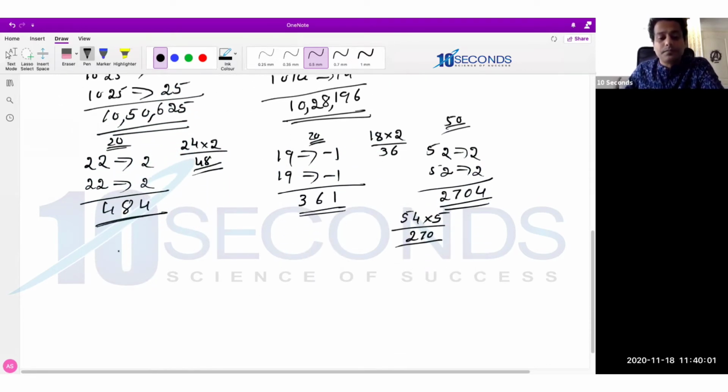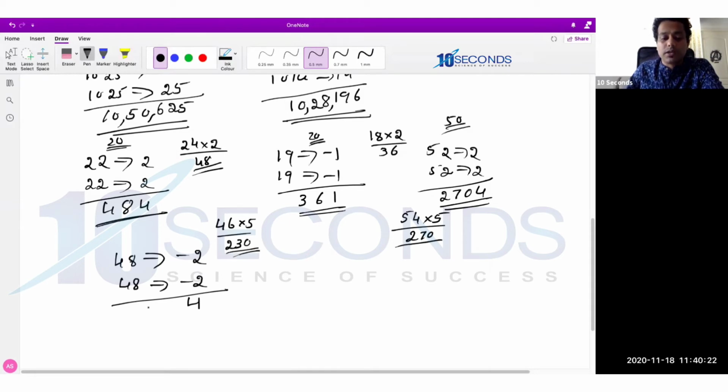Say 48 into 48, 2 less than 50, 2 into 2 is 4. 48 minus 2 is 46, into 5 is 230, so it is 2304.